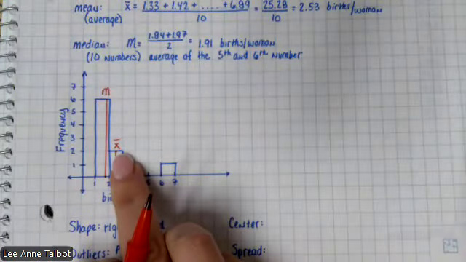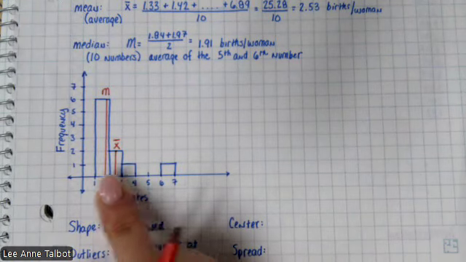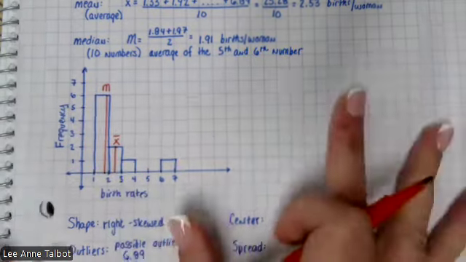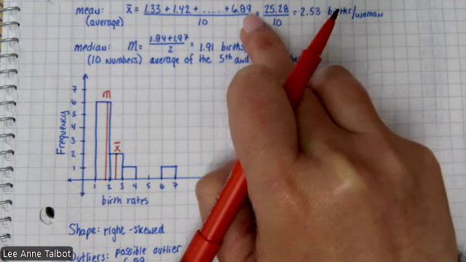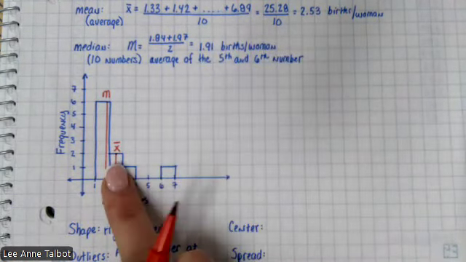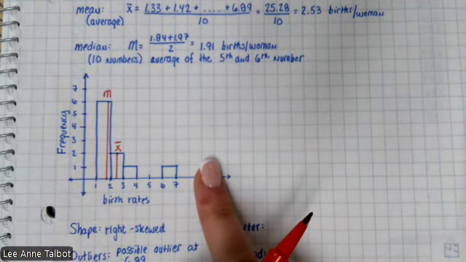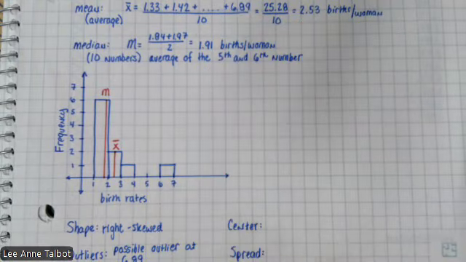Notice that the mean is above the median. It's greater than the median. And that's because in the mean calculation, you use the possible outlier of 6.89. And so we call this being pulled into the tail. The mean is pulled into the tail because you use those extreme values in calculating it.